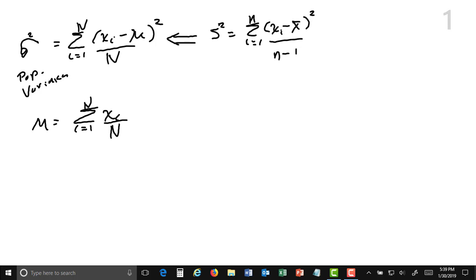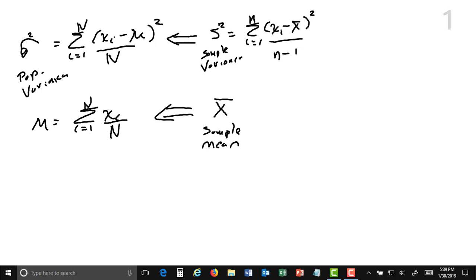But I don't, so the next best estimate is X bar, which means our sample average, or mean. It means the same as average. This is our sample variance.